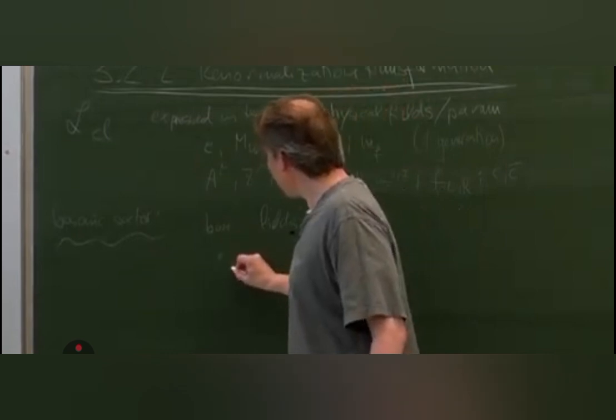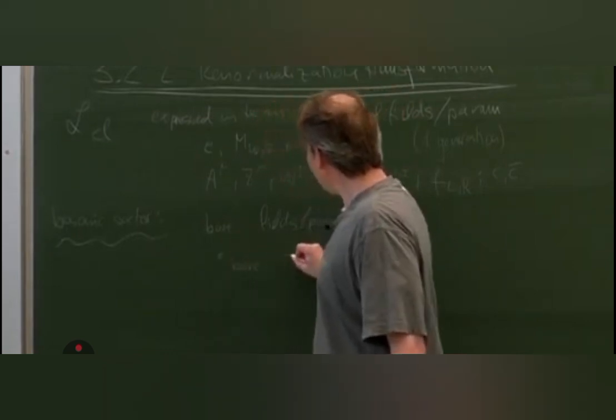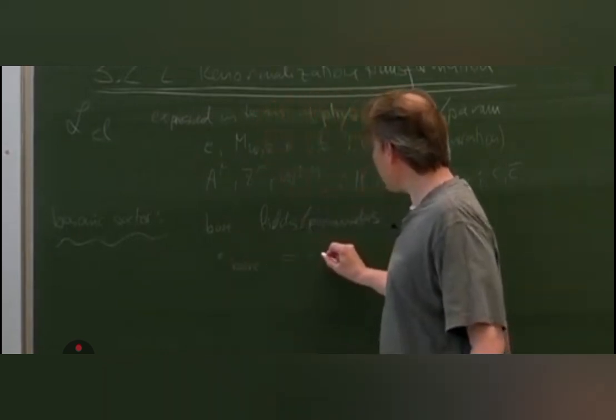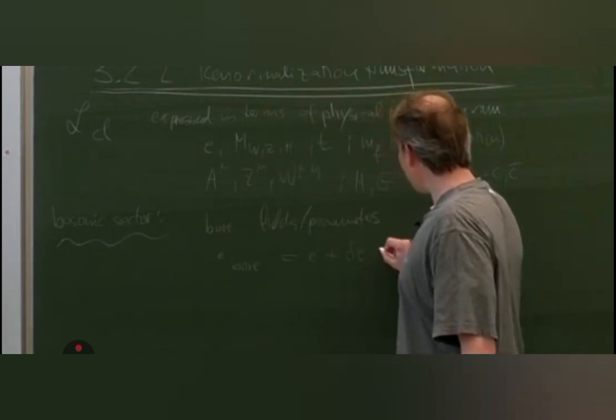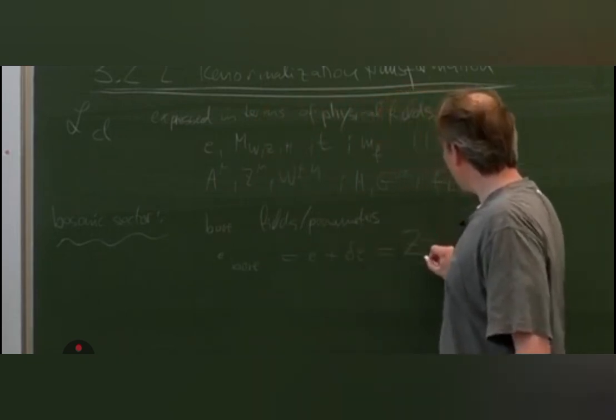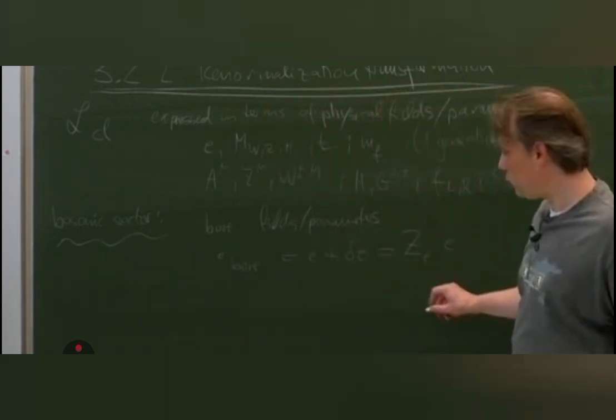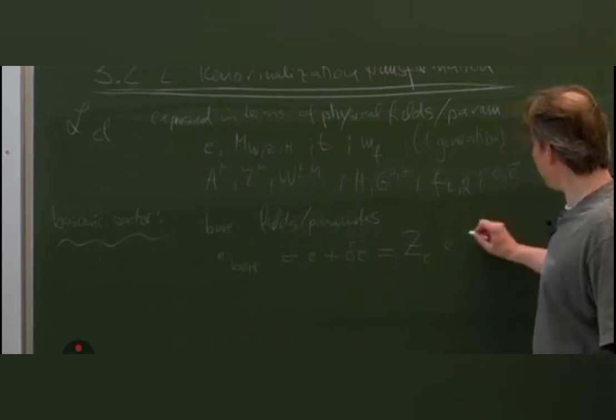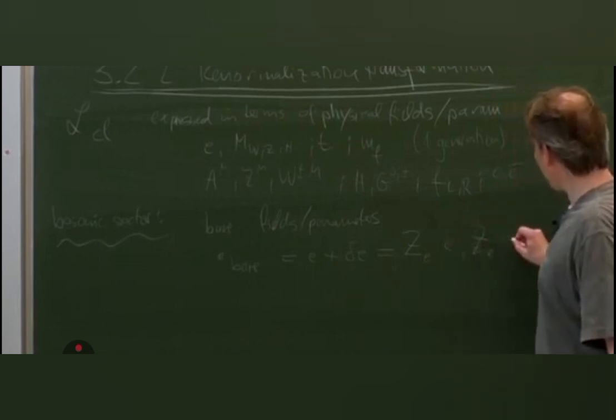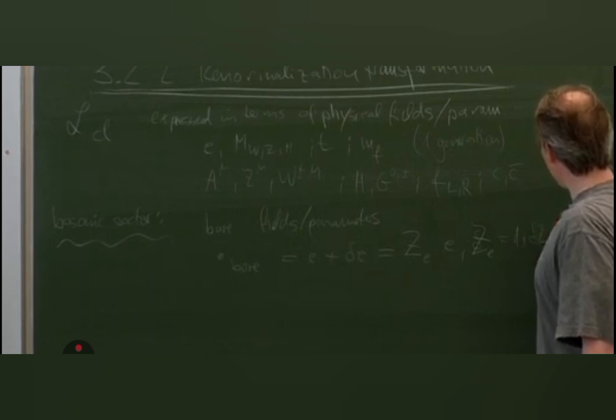So we define a bare gauge coupling E bare as E plus delta E, or equivalently Z_E times E, and then the Z_E is given by 1 plus delta Z_E.